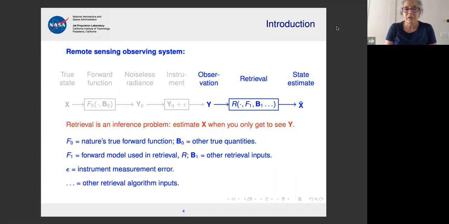So the retrieval is an inference problem where you want to estimate the state when you only get to see the radiance. I've also put dots in there to indicate that there are other things that affect that retrieval that we may not even be able to completely identify, like computational artifacts, unknown unknowns, and the like.